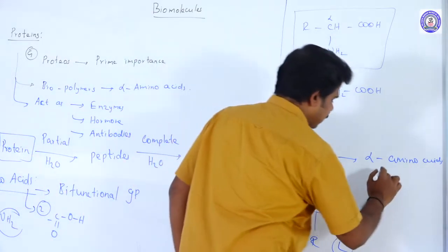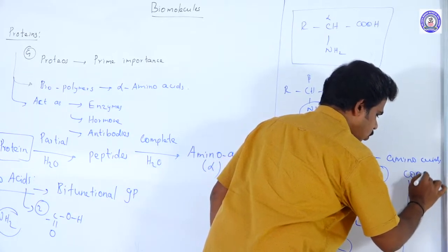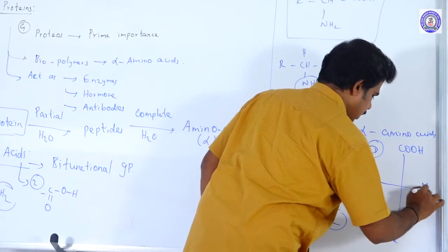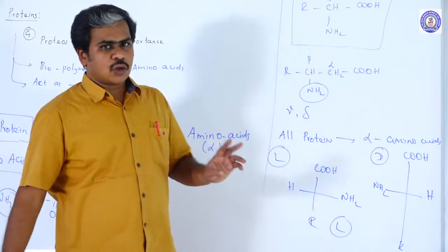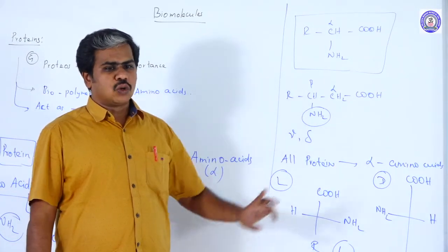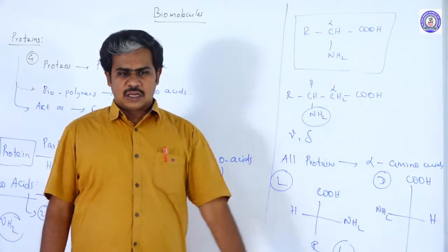So naturally occurring amino acids consist of alpha amino acids in L configuration.